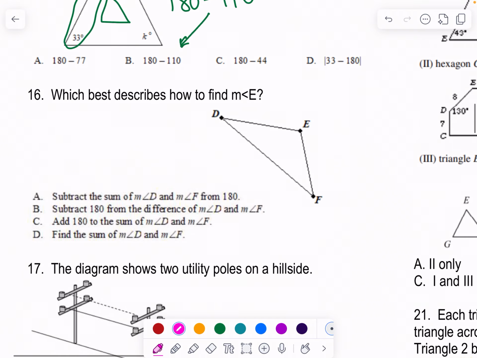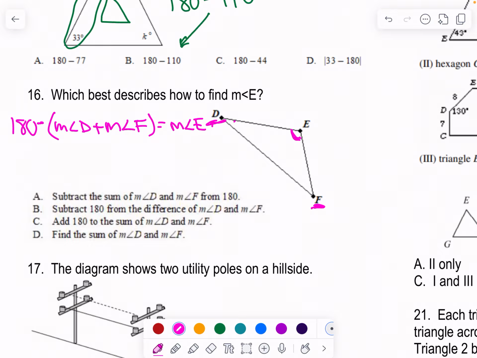All right, how would you describe the measure of angle E? How could you find the measure of angle E? Well, if we knew what D was and we knew what F was, we could add them together, right? I could do the measure of angle D plus the measure of angle F, add them up, and then do 180 minus them, and that would be the measure of angle E. But in words, we're going to subtract the sum.